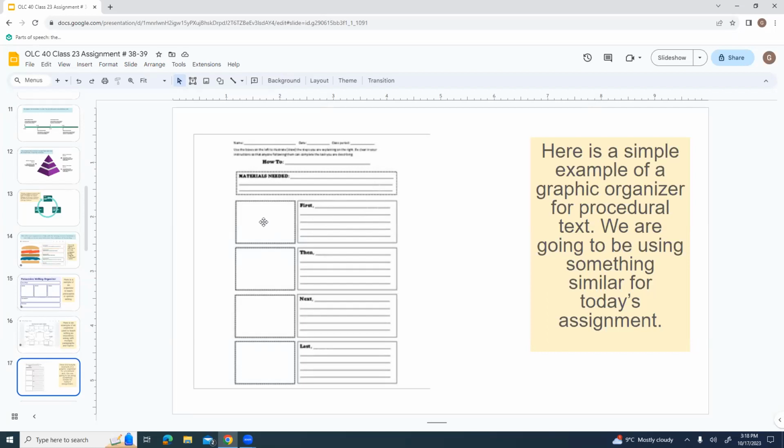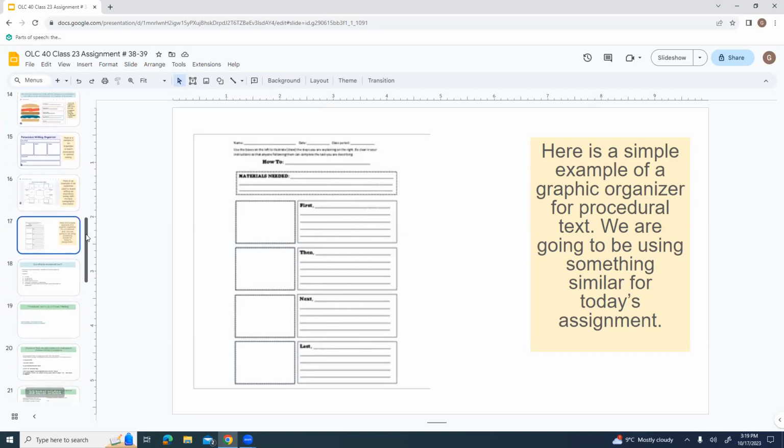Like if you were wanting to show me how to do a certain type of drawing, I would read the words, but I would definitely want to see the picture to see what I was aiming at, okay? So this is an example of one type of graphic organizer for procedural text.